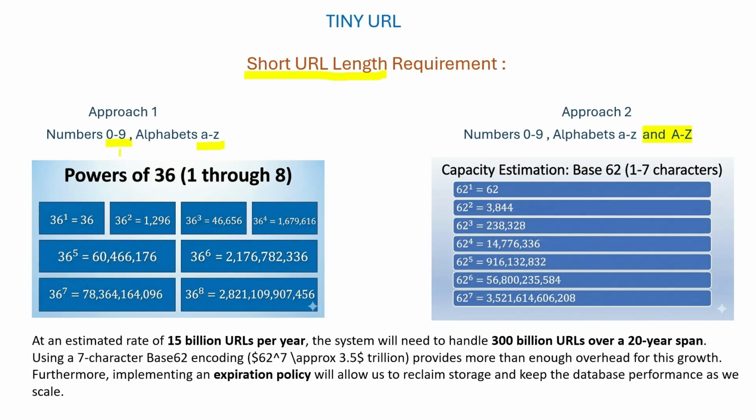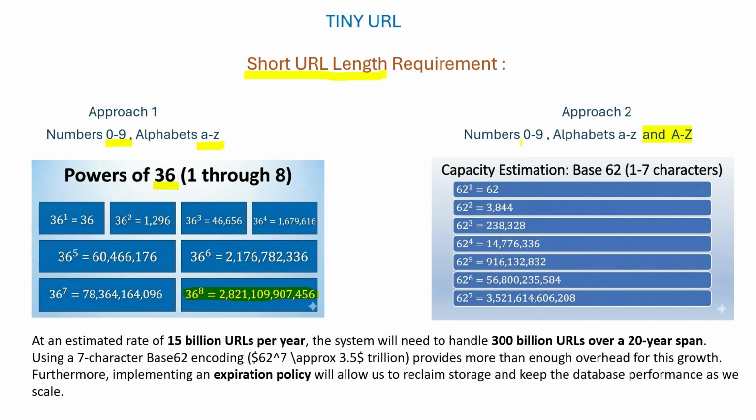In this case, in total we'll have 36 possible combinations per character. So when we have 8 characters, our system should be able to support 2.8 trillion short URLs, since 36 to the power of 8 is 2.8 trillion.